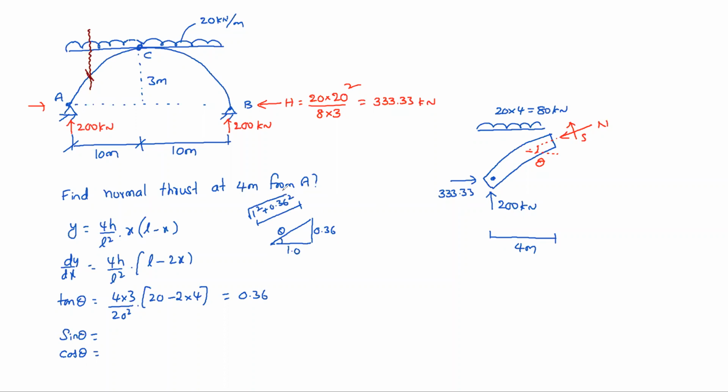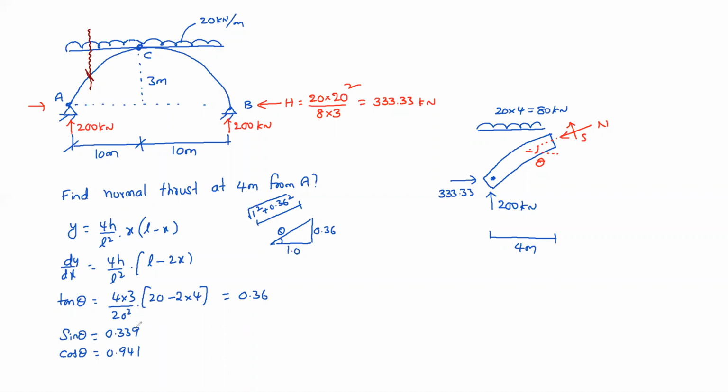Sin theta equal to 0.36 by root of 1 plus 0.36 square, that is 0.339. Cos theta is 0.941.